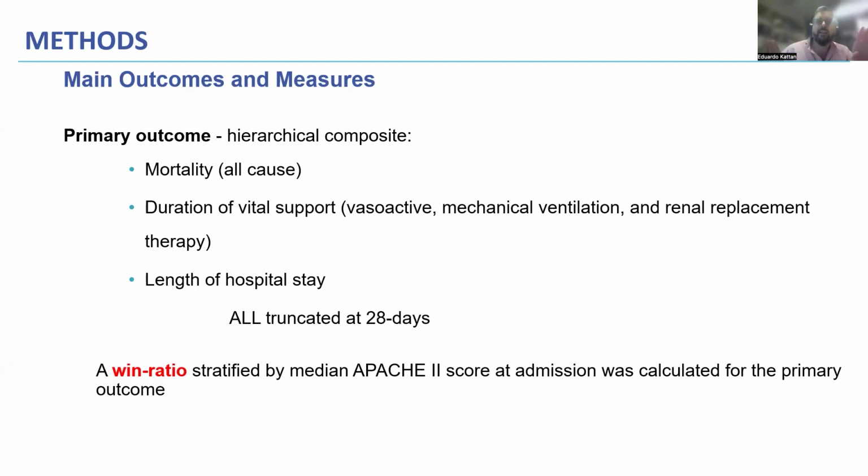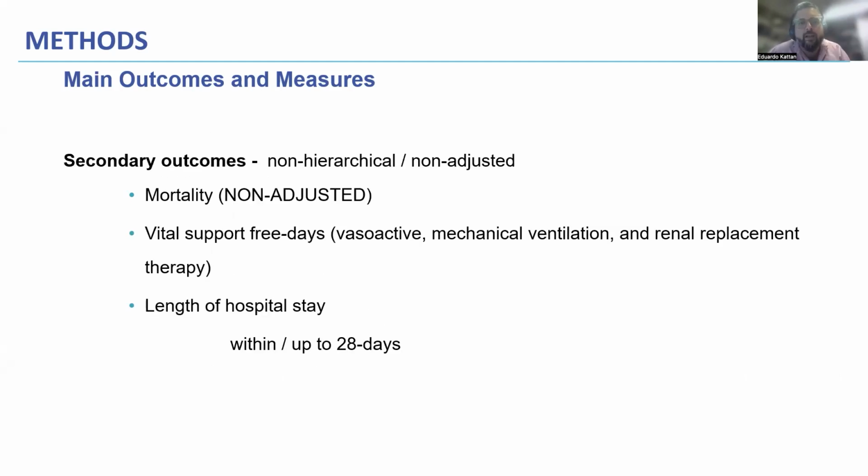And if there was a tie at that stratum, then length of hospital stay was checked. So it gives a higher relevance to mortality rather than less relevant outcomes like length of hospital stay. And we also used some secondary outcomes, including basically the same: mortality, vital support-free days, and length of hospital stay.